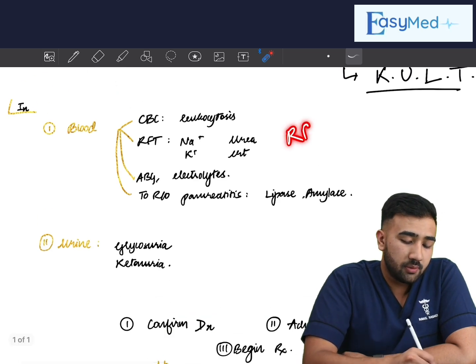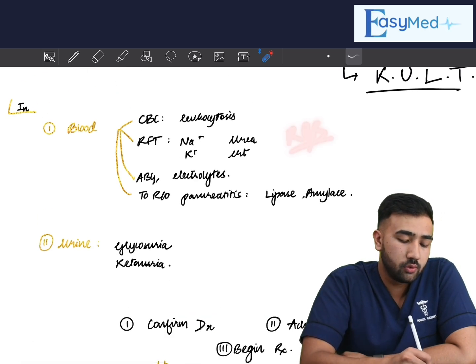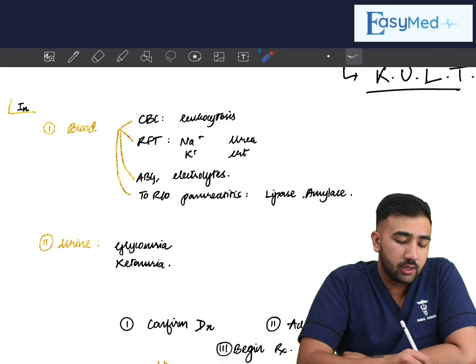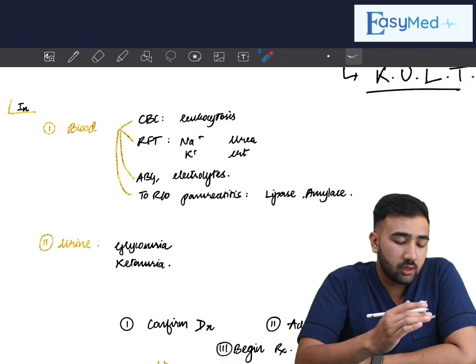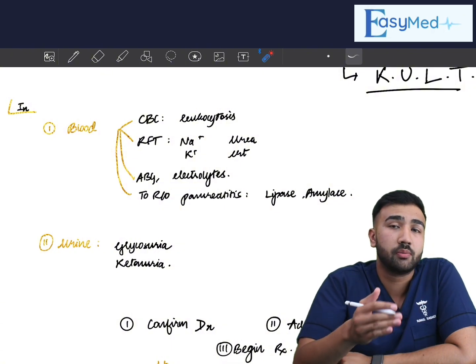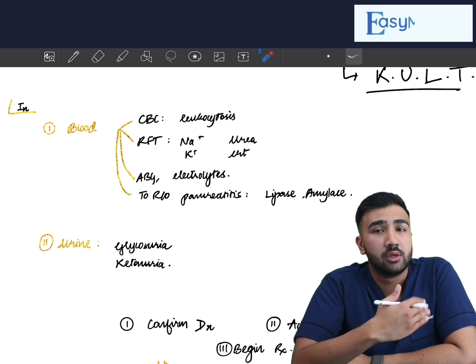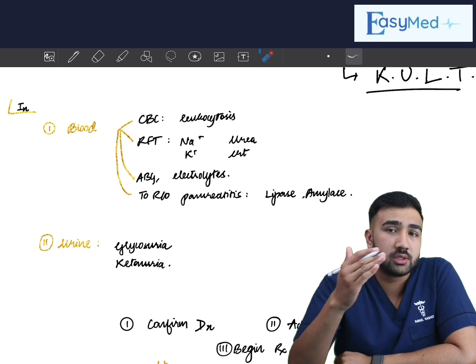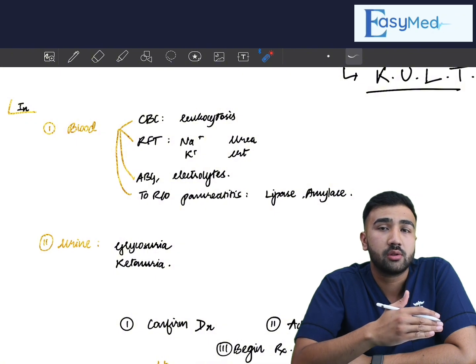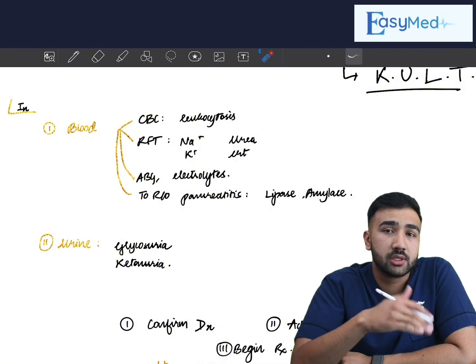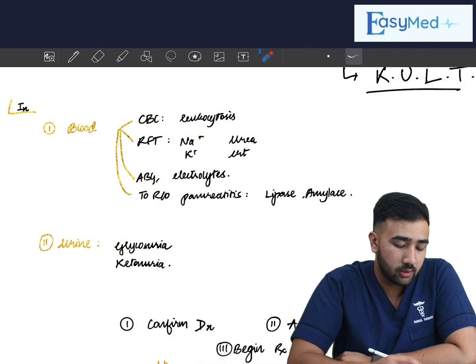We also have to do the RBS. Once it is confirmed, then to manage the diabetes we have to send other investigations as needed. And if there is a precipitating factor, then we have to send investigations for the precipitating factor as well.